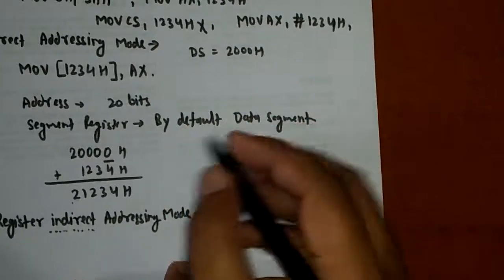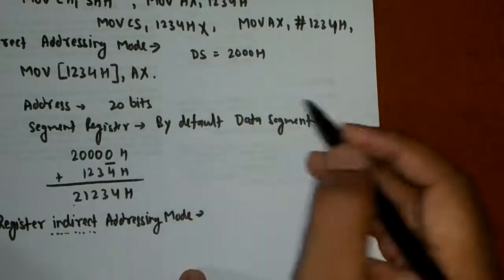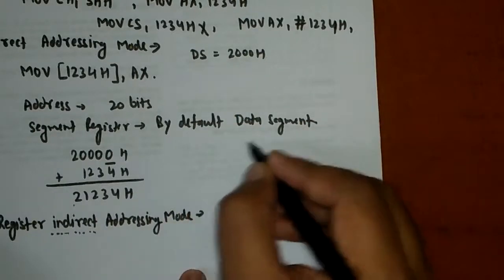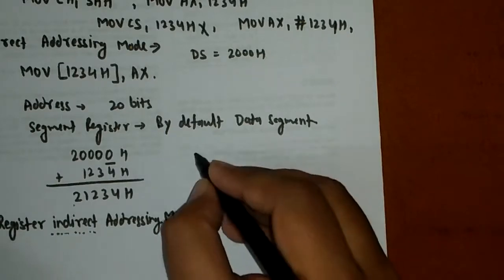So one thing you must also know is that there is never a transfer between two memory locations. That means we cannot transfer data between two memory locations. So we can write that memory to memory transfers are not allowed, right?